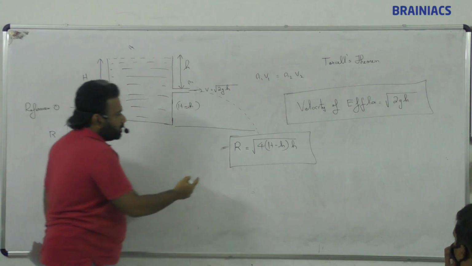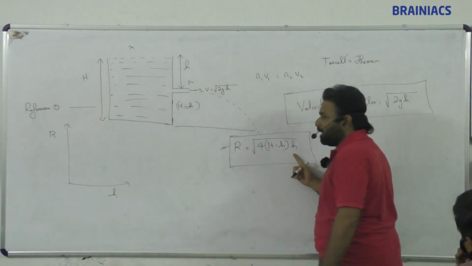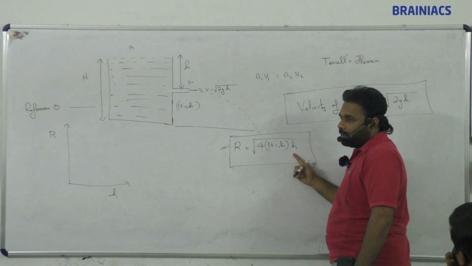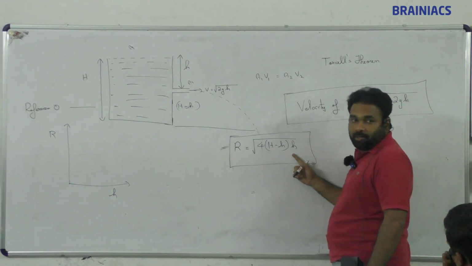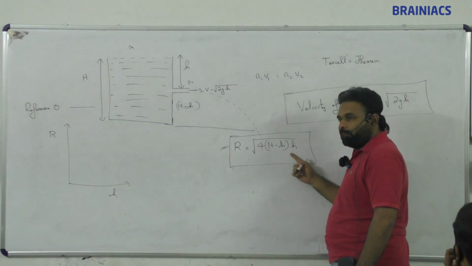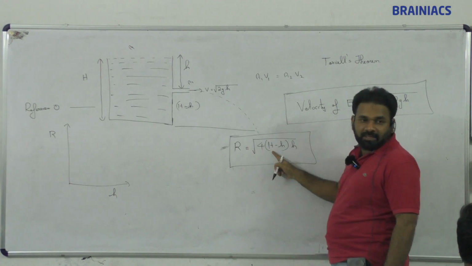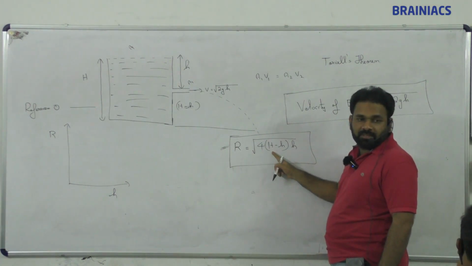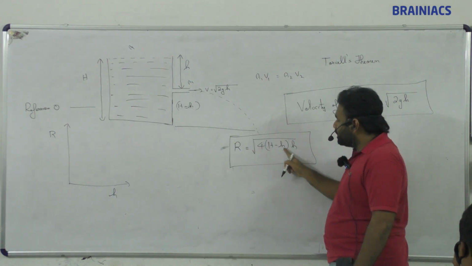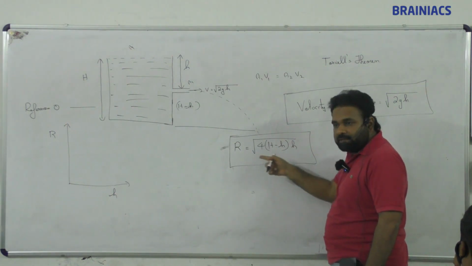Suppose if I give this height 0, what will happen? Range will become 0. When I put h is equal to 1, if we consider this height as constant, based on this value of height, definitely range is changing.